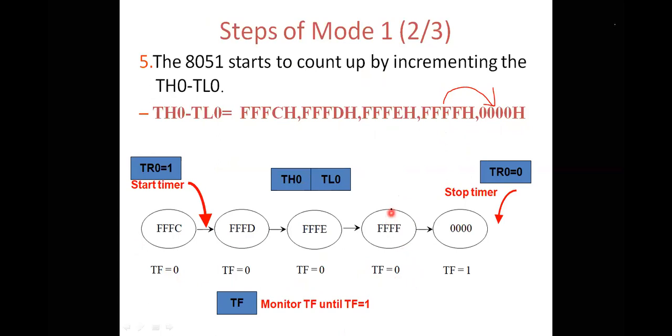When it rolls over from the maximum value to 0000, TF0 becomes 1, which means the timer has overflowed. When the timer overflows, you have to stop it. For stopping the timer, you should make the TR0 bit 0. Then only you can stop the timer.